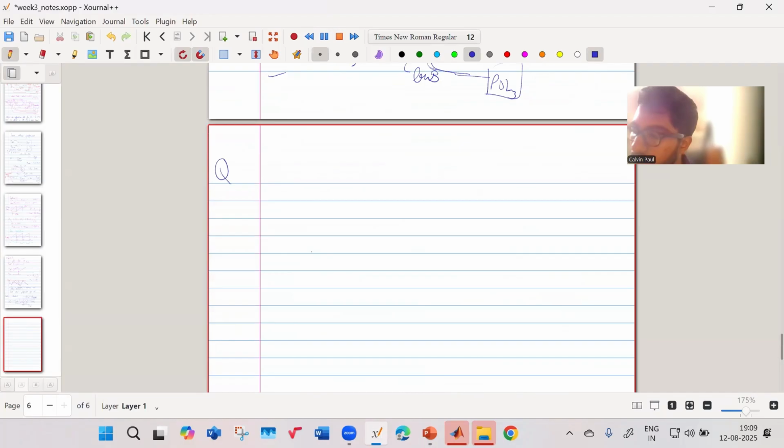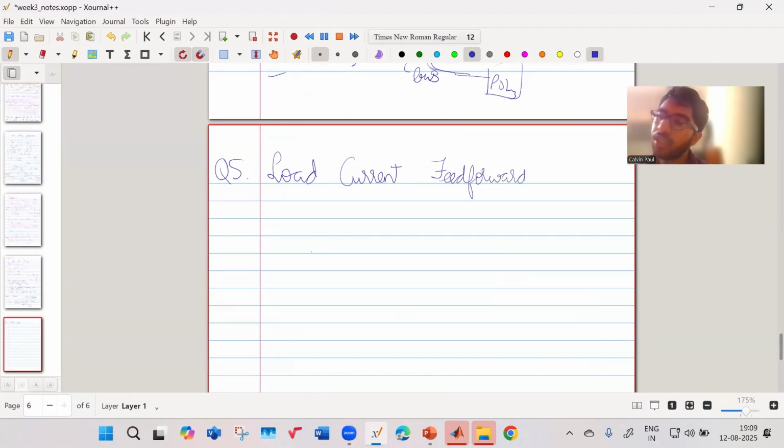Question 5. In this we are dealing with load current feed forward. So what is load current feed forward? It is mostly used in current mode control. What is done is you have a reference current, that is compared with your inductor current.